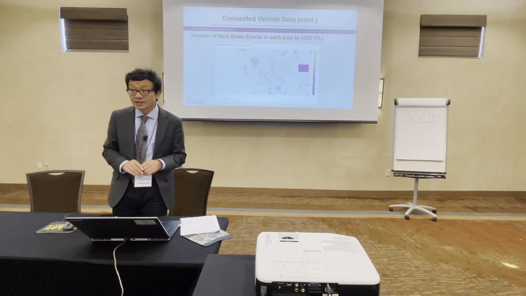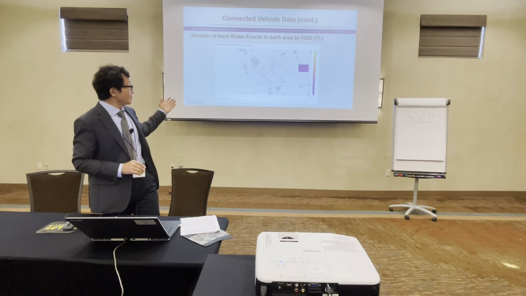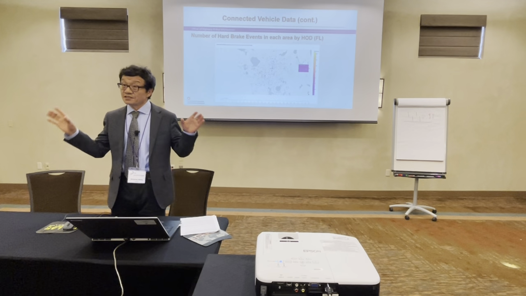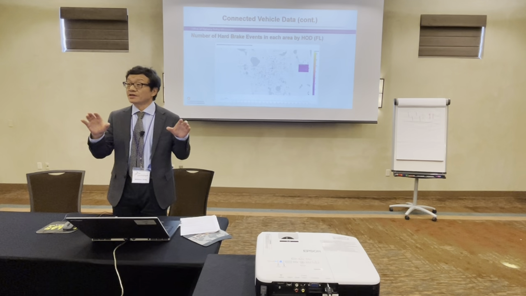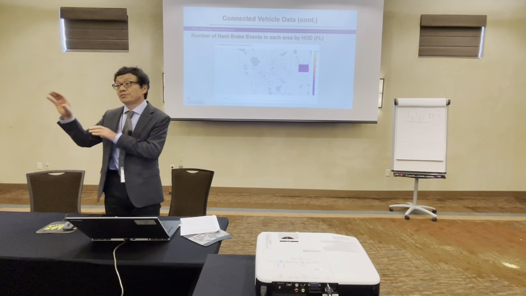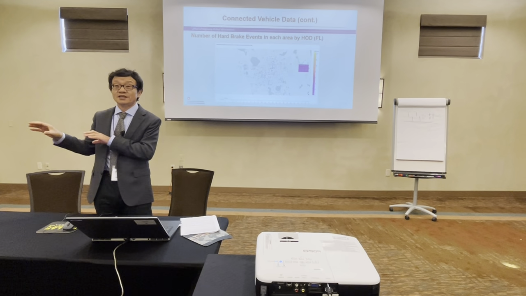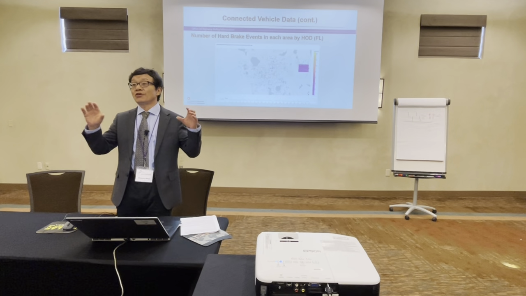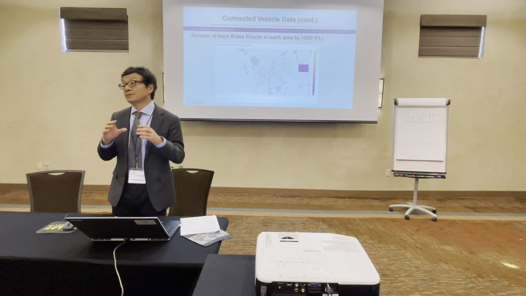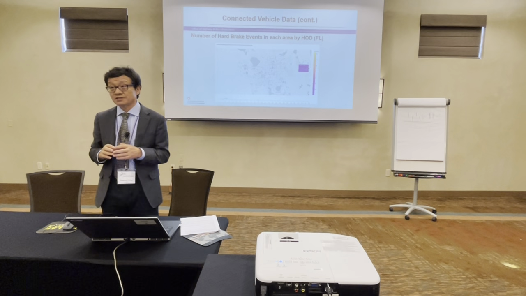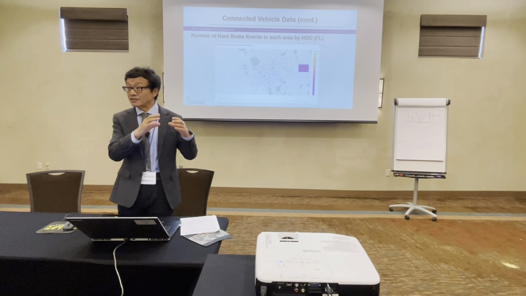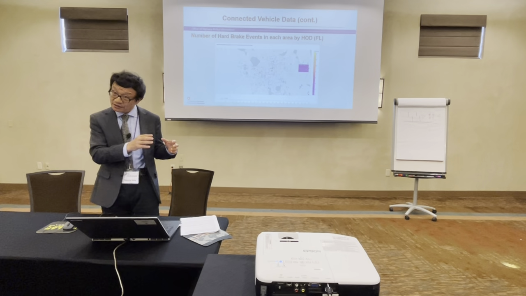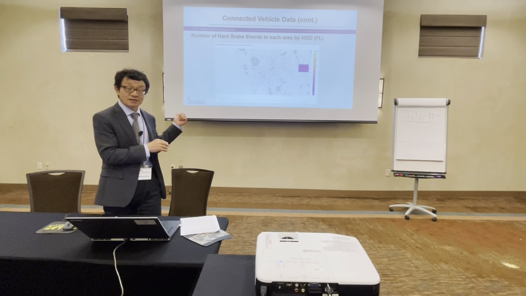For example, for the state of Florida, we divided the entire state into many square areas. Each square area is 2 kilometers by 2 kilometers. We simply aggregate all the events, for example, the hard brake event or hard acceleration event within each area, grouped by hour, and we plot those areas as a dot on the map.